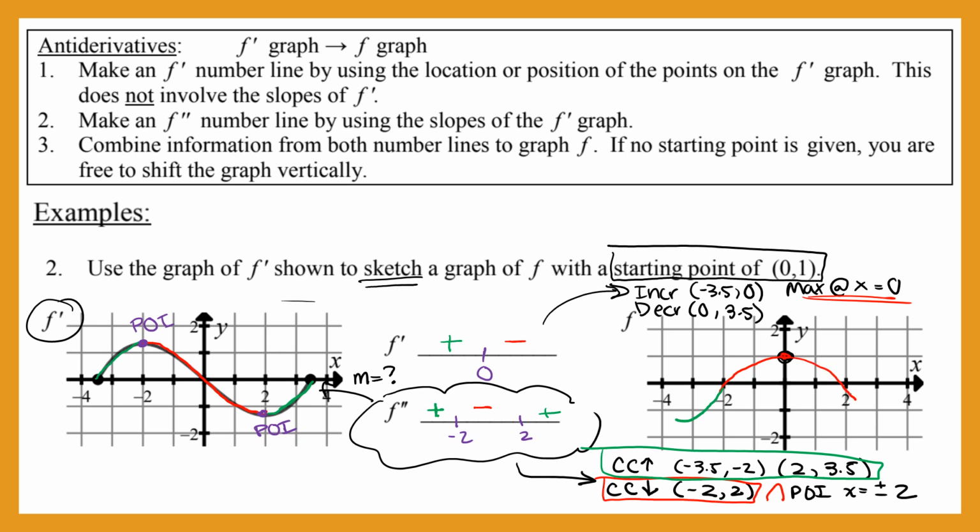Sorry, erase my line there. There you go. So now I continue to increase all the way up until my maximum point, and then I start decreasing all the way down nonstop to my last point on either side. That's my good sketch. It's not perfect, but a lot of good information on there.